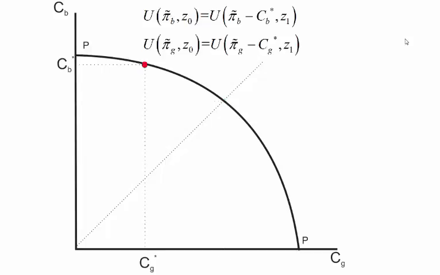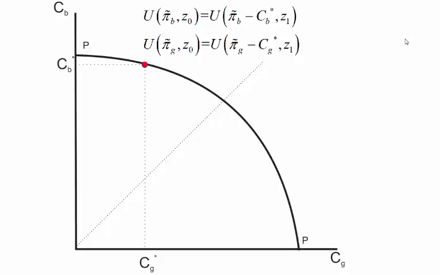There's one other one that I'm going to look at to start out with that is particularly relevant. That is the set of payments that make the individual indifferent in both states. We're going to call these points CB star and CG star.